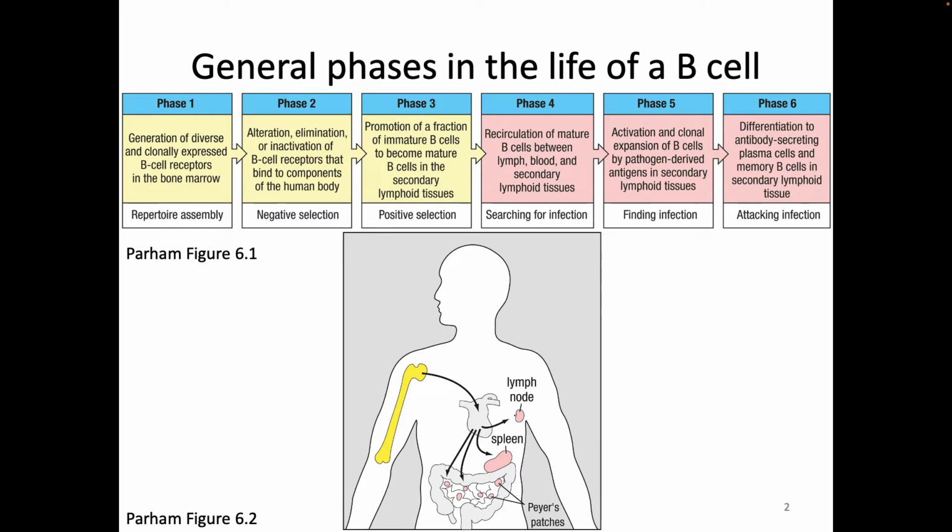In fact, we largely talked about generating diverse B-cell receptors in the bone marrow. Today we'll see some of the selection pieces of this. And of course, this is all happening in the bone marrow, as I said when I read that box, and as you can tell from the color coding on this slide.